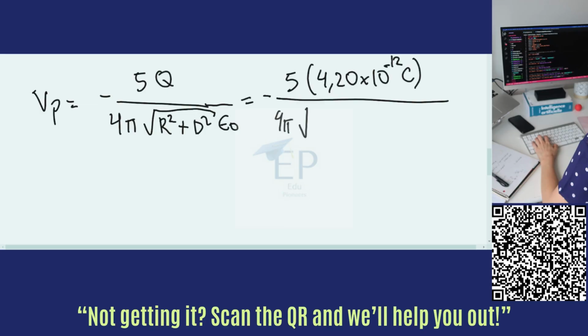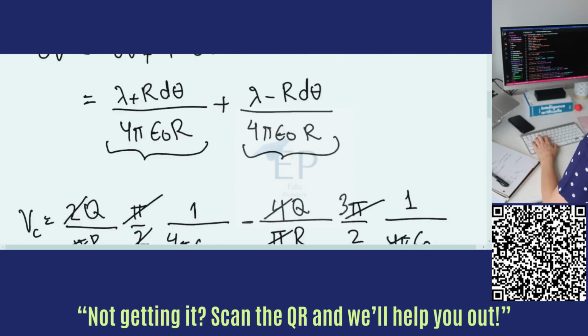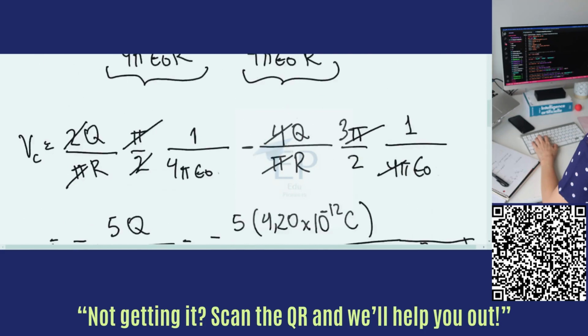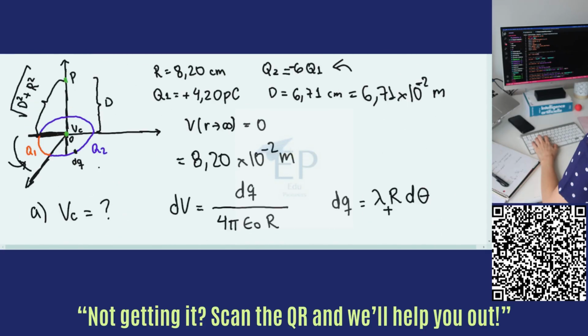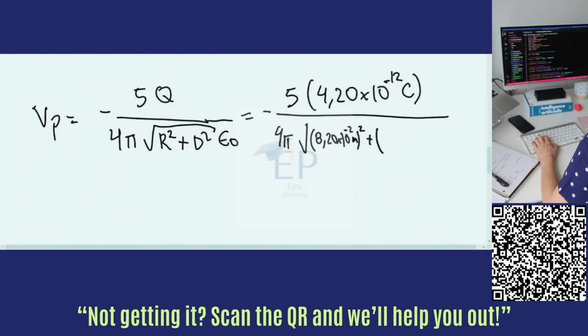The distance in here should be the radius squared, so it is 8.20 times 10 to the minus 2 meters squared, plus the distance d to the point P, which is 6.71 times 10 to the minus 2 meters squared, and we take the square root of all of this.